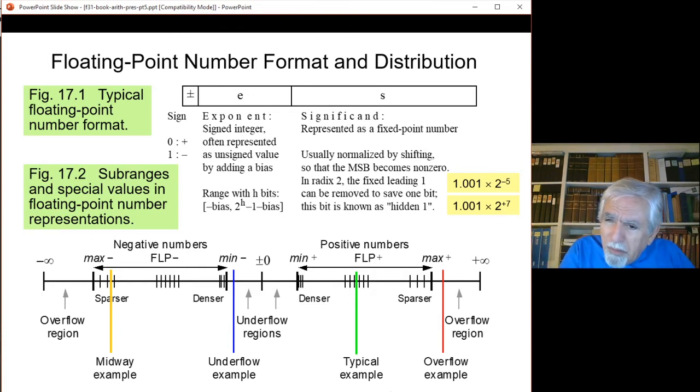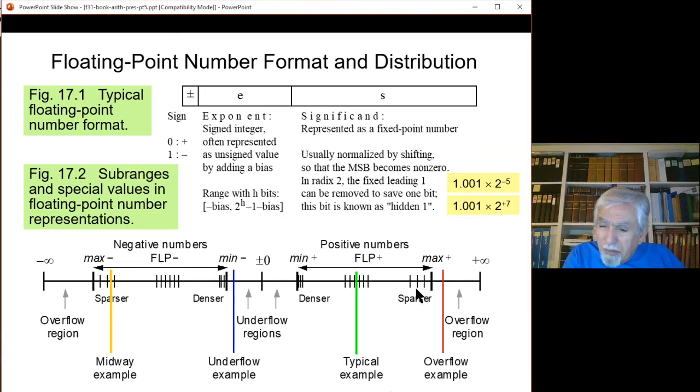And those on the positive side go from min plus, the smallest positive number that we can represent, to max plus. And the tick marks, as you notice, are closer to each other for smaller numbers, and they get progressively further from each other for larger numbers.